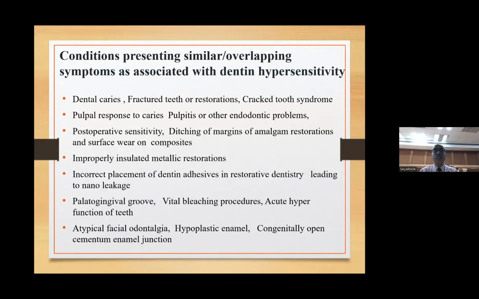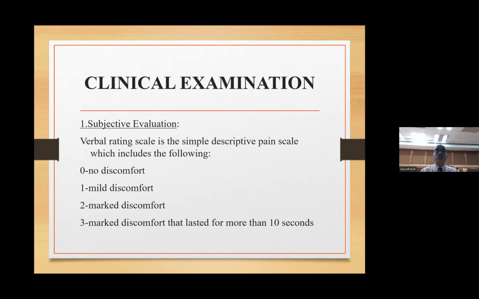But concisely, on clinical evaluation, there are two types of evaluation. One is subjective, in which we use the verbal analog scale, which we can mark 0, 1, 2, 3, and we simply ask the patient to grade the pain from 0 to 3, for example if it persists for more than 10 seconds of air exposure at room temperature to the area of sensitive dentine.